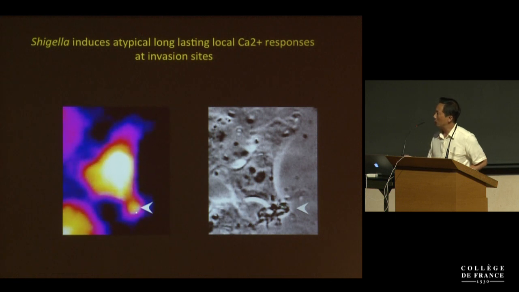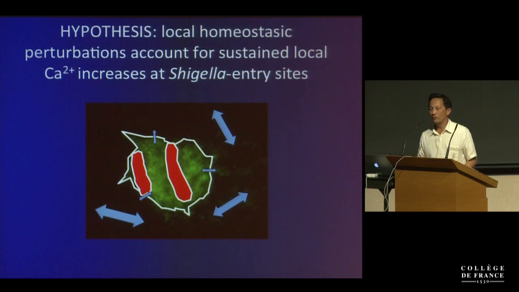And you can clearly see that where the bacteria enters, we have a local calcium response, I hope you can see it, that increase. And this response is quite atypical because I told you that local calcium responses by nature are very transient. What we were able to determine is that at the site of invasion, the local calcium response could last up to several seconds, which is highly atypical.